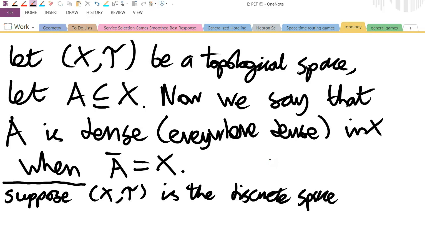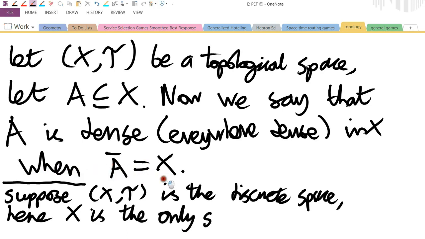So every subset of X is equal to its own closure. And so the only set whose closure is equal to X is X itself. So here, X is the only set that is dense in X.